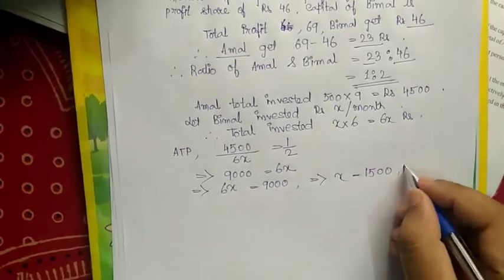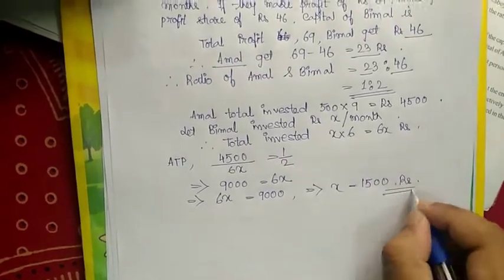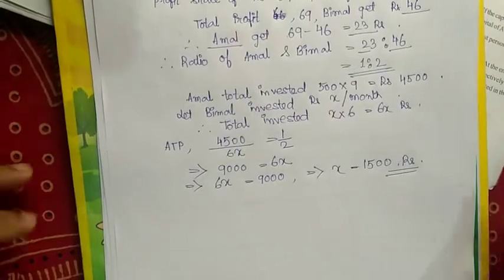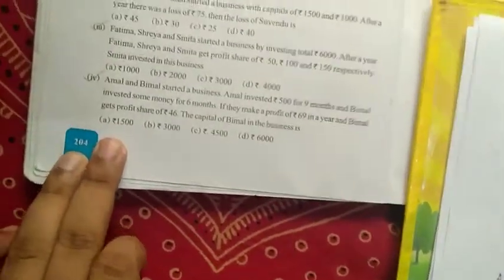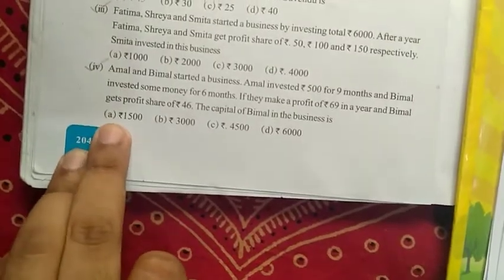So therefore Bimol invested rupees 1500 per month. Therefore here we choose the correct alternative, option A.